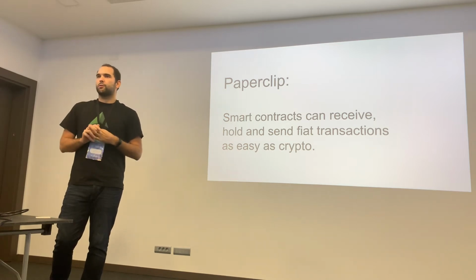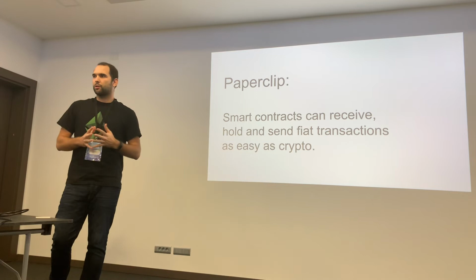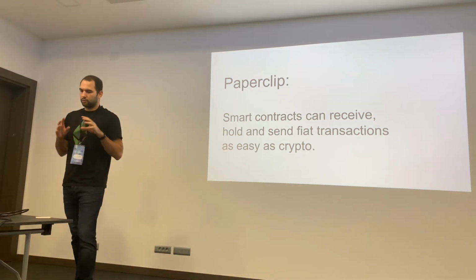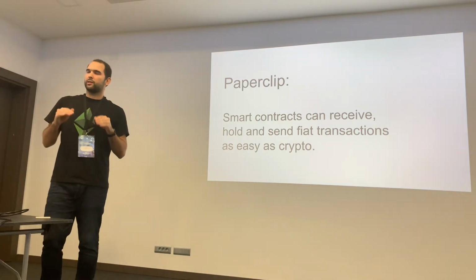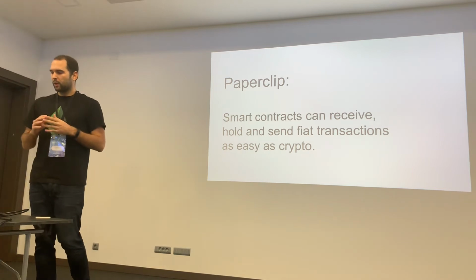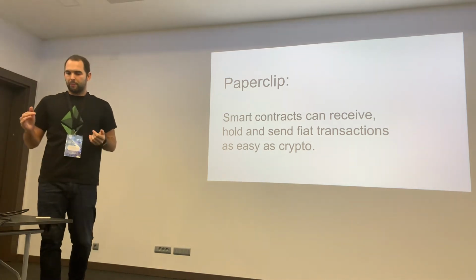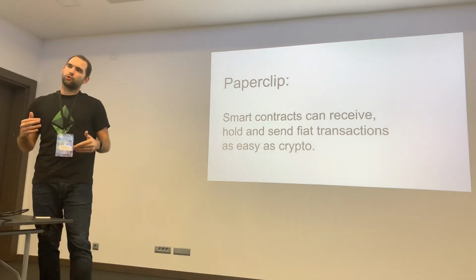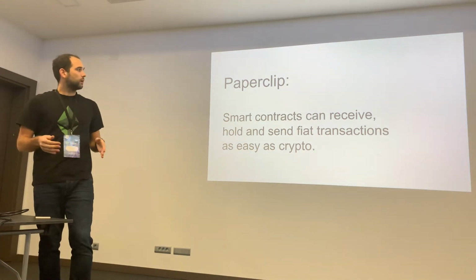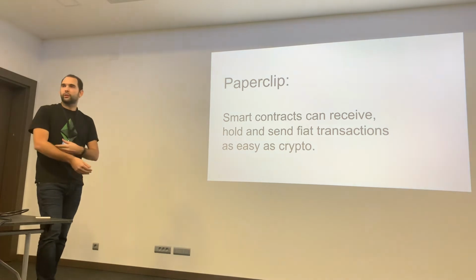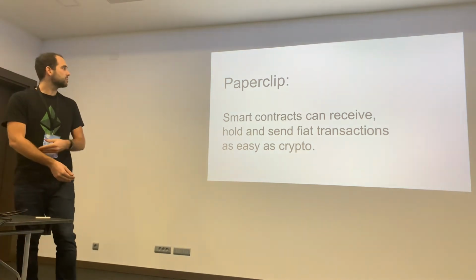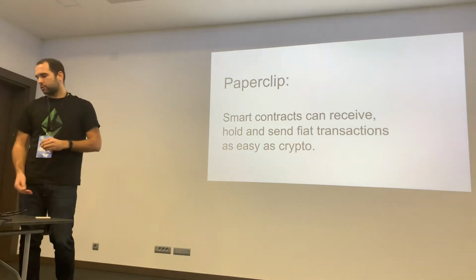You can use this for somebody to buy your house. You can use this for anything. Like a smart contract, this can actually be applied generally. And the whole concept we call BridgeDAO. But the first implementation that we'll try to use it on is fiat money, virtual money transactions, and the project is called Paperclip.